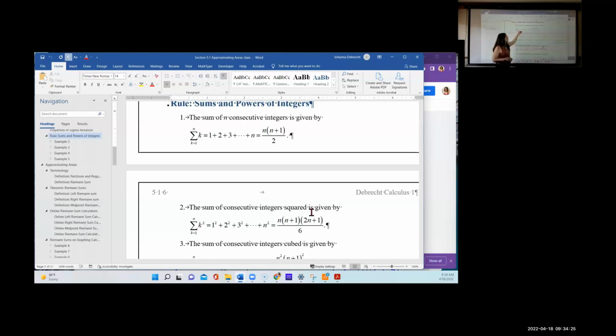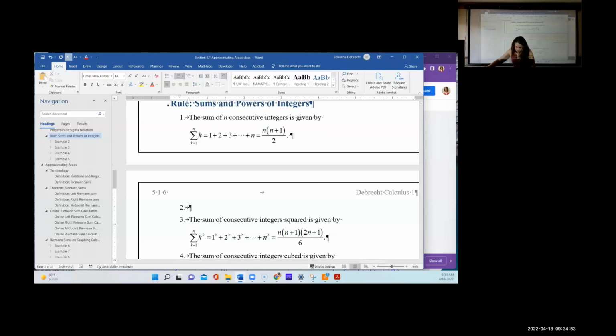This means that you're going to let it iterate 1, 2, 3, 4, 5 until it reaches whatever n is, and you're going to add them all together. Now, there are ways to prove algebraically that this is equivalent to the product of n times n plus 1 divided by 2. So let me give you an example of what that would be.